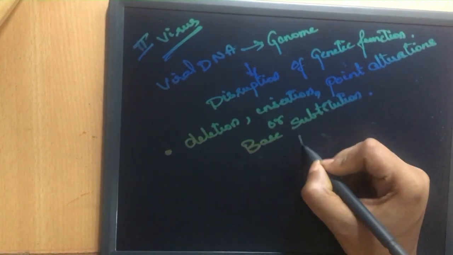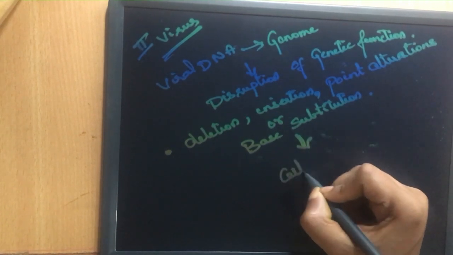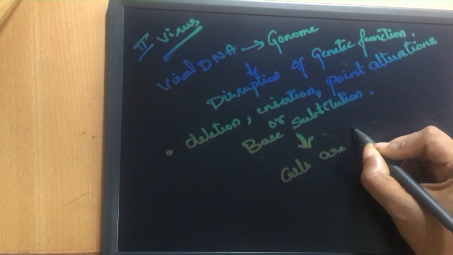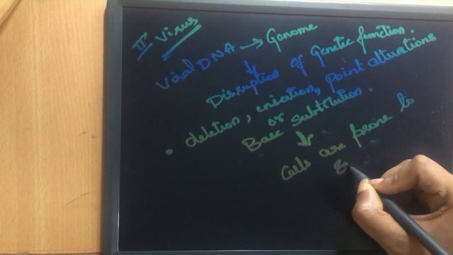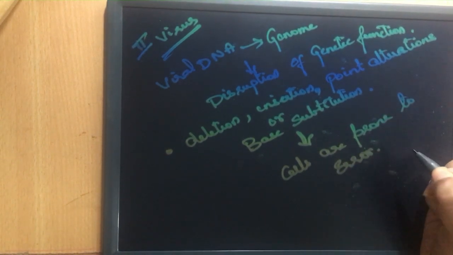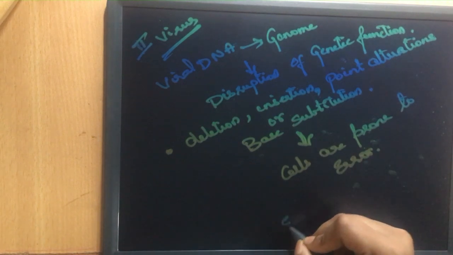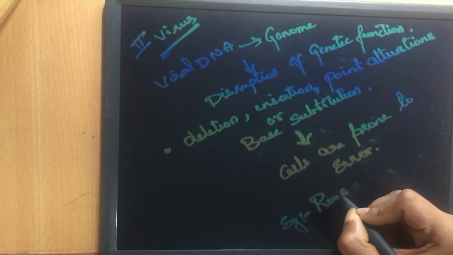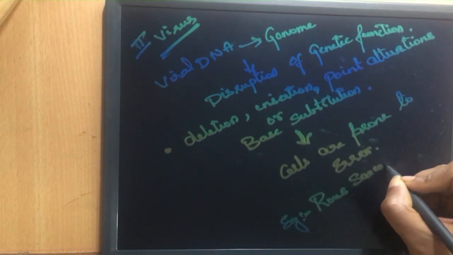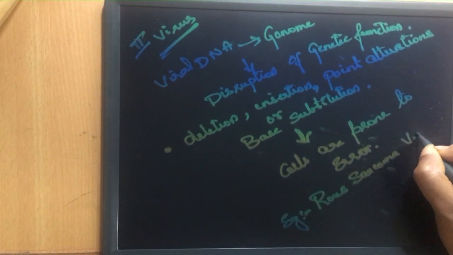Due to this, the cells are prone to error. The best example here is Rous sarcoma virus.